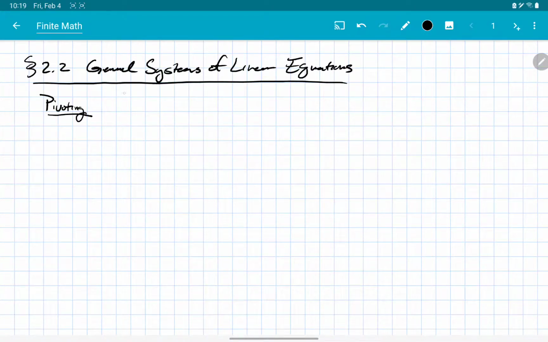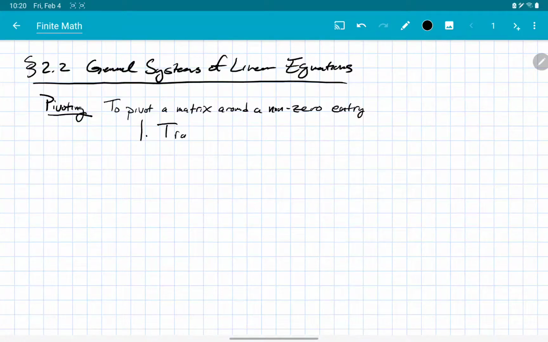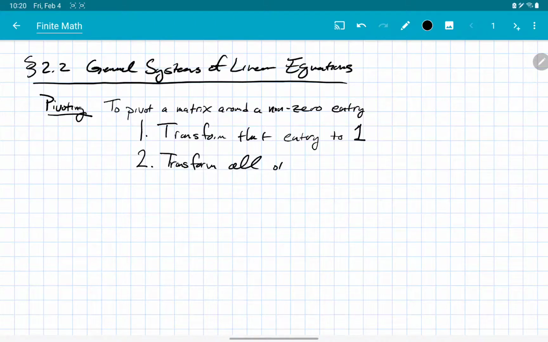Okay, so to pivot a matrix around a non-zero entry, you first transform that entry to 1, and second, transform all other entries in that column to 0.